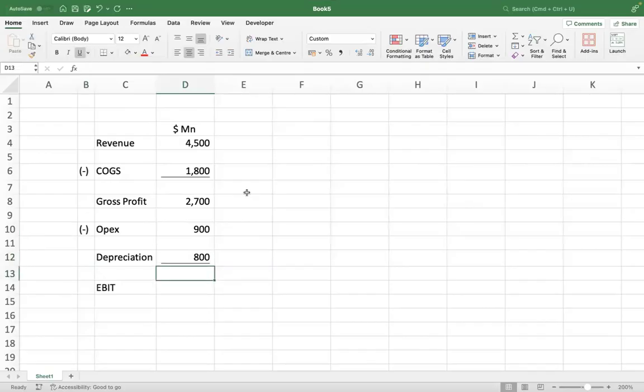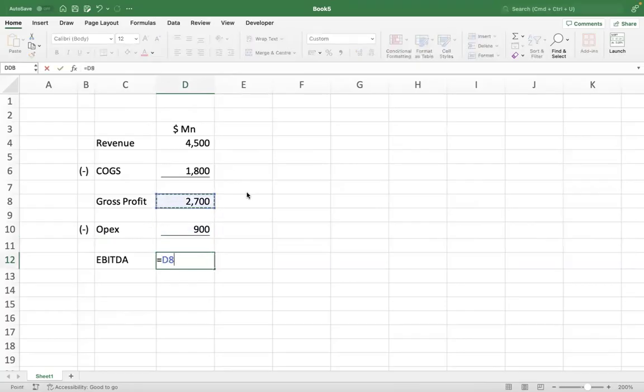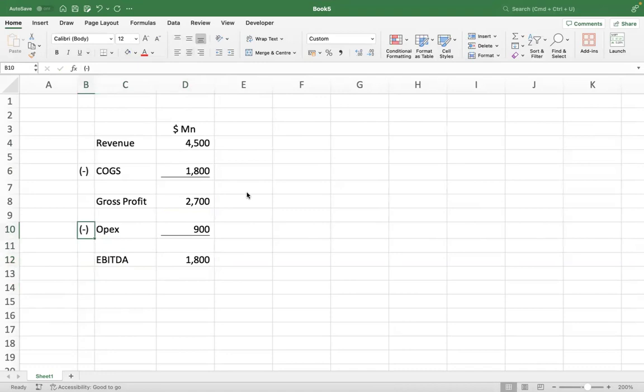or in fact, we can first arrive at EBITDA. EBITDA stands for earnings before interest, taxes, depreciation, and amortization. So if you reduce this OPEX, you get EBITDA of $1,800 million, after which we will be reducing the depreciation, which we have assumed works out to be $800 million for the year.